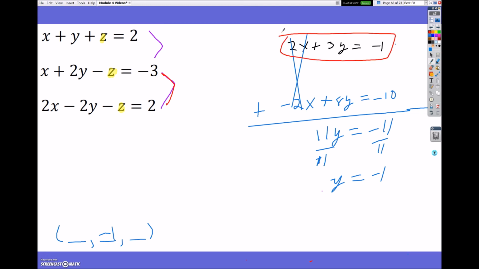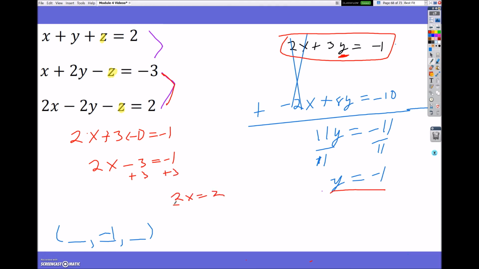So that will look like 2x plus 3 times negative 1 is equal to negative 1. This will give me 2x minus 3 is equal to negative 1. When I add 3 on both sides, it'll be 2x is equal to 2, which means when I divide both sides by 2, I'm going to get x equals 1.